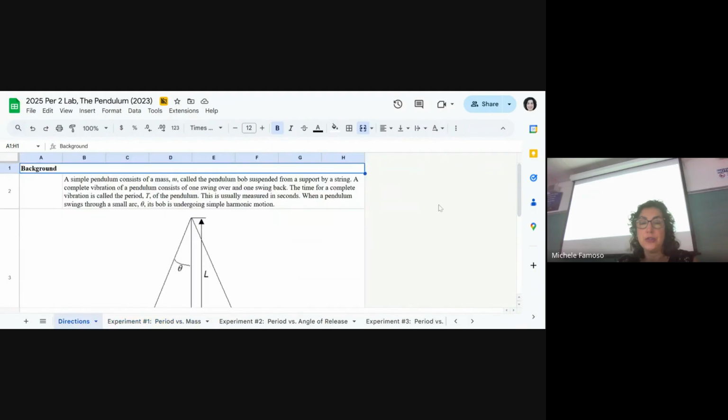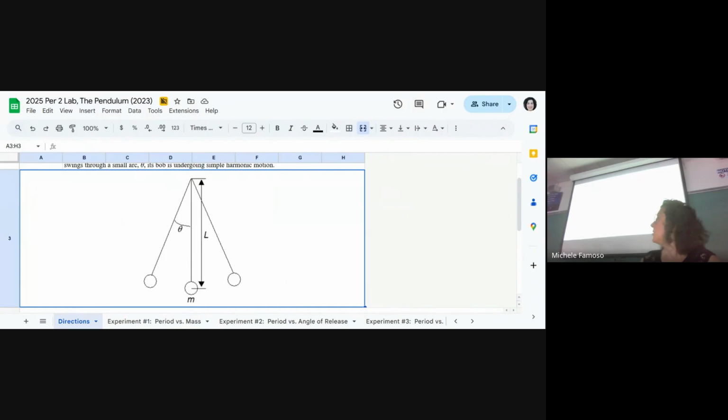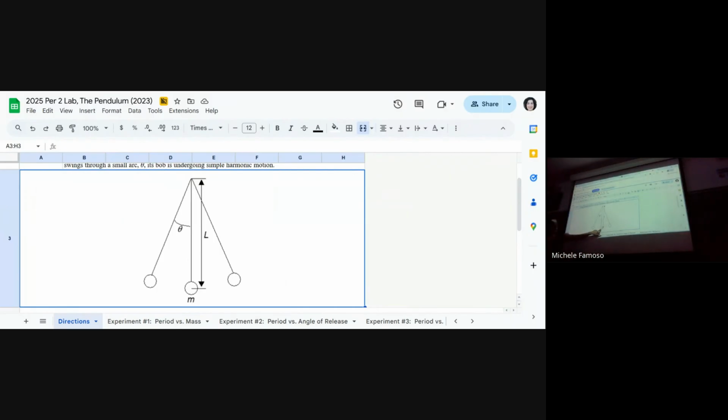The first thing I need to do is give you a little bit of background information. This lab is called the pendulum. So it begs the question, what is a pendulum? A pendulum is something like this that can swing back and forth. This lab is about what's called a simple pendulum, which means that at the bottom there's a mass. The string is considered to be massless.